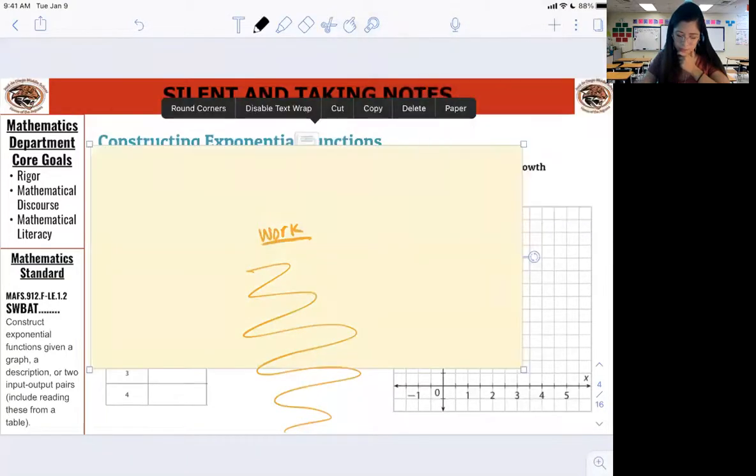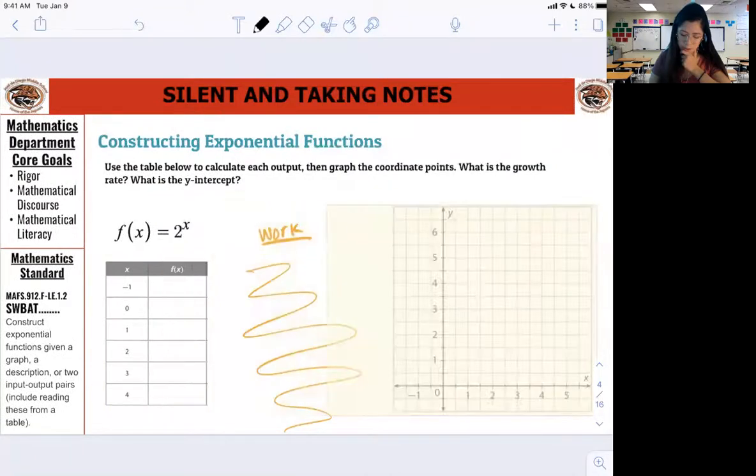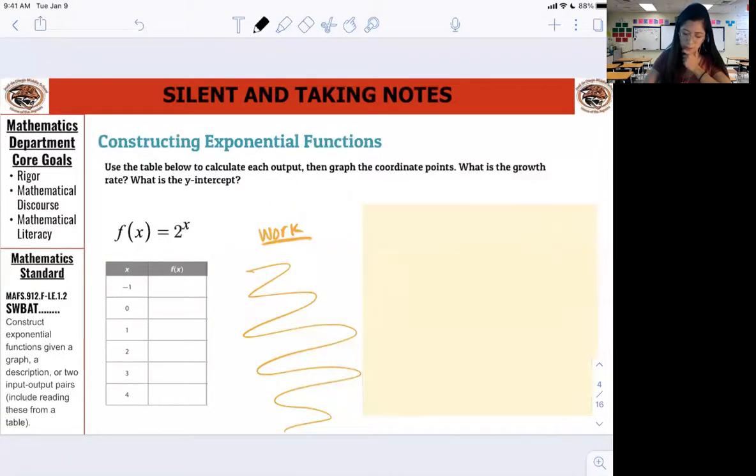Okay, a sketch would look like this, where you would just do the y-axis and the x-axis, and then 1, 2, 3, 4, 5 lines going up, and 1, 2, 3, 4, 5 lines going to the right. So that's what a sketch would look like.